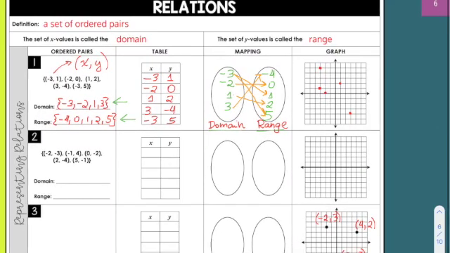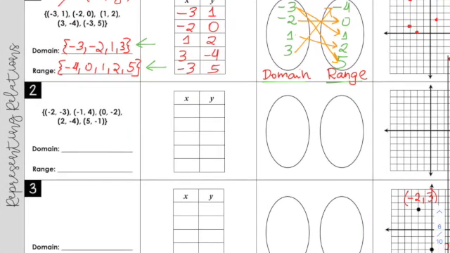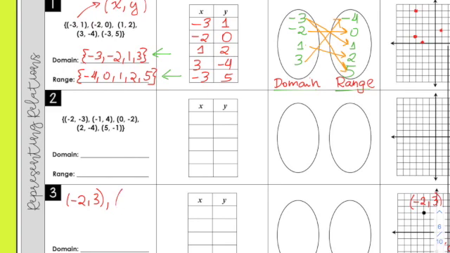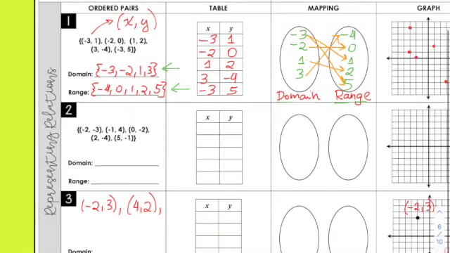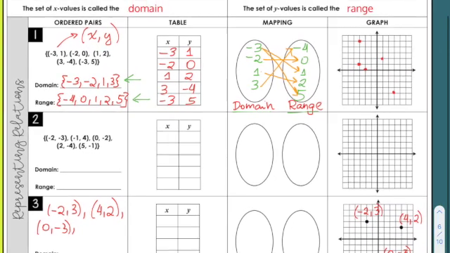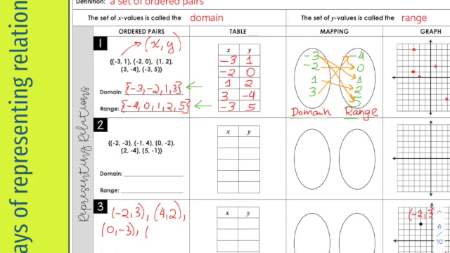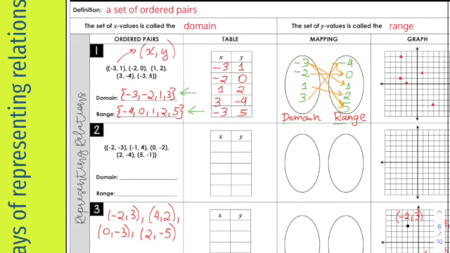So I can get these ordered pairs over here and just rewrite them. On this side, I'm going to have (-2, 3), (4, 2), (0, -3), (2, -5), and (-5, -4).